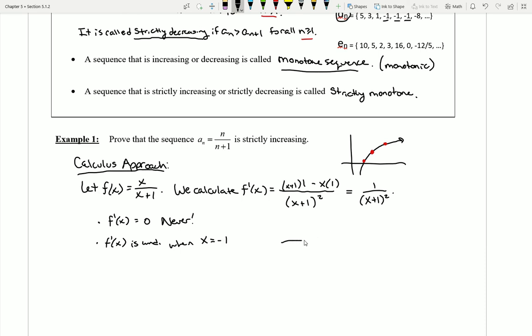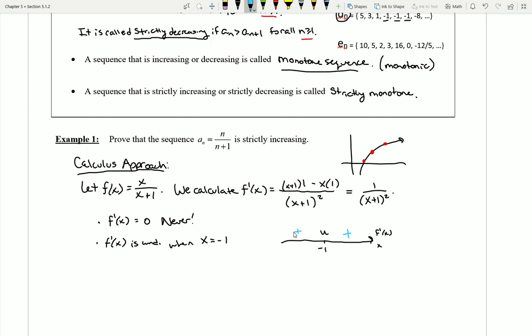So now I can go ahead over here. I could imagine drawing out a little number line of x's. And on here, I'm going to go ahead and say that when I go to negative 1 for x, and I calculate what the derivative is, I get undefined. I can now pick other values of x on either side to kind of test what happens in the derivative. Notice that if I go here and I plug in a number like positive 5, I'm going to get a positive result back out of the derivative.